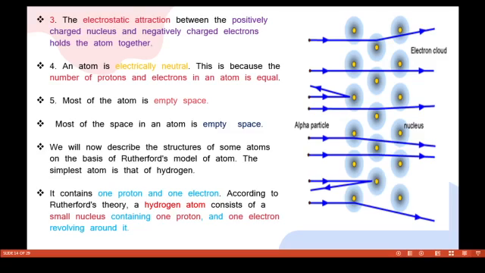So we will now describe the structure of some atoms on the basis of Rutherford's model of the atom. The simplest atom is that of hydrogen. Rutherford took hydrogen as an example. It contains one proton and one electron. A hydrogen atom consists of a small nucleus containing one proton, and one electron revolving around it.